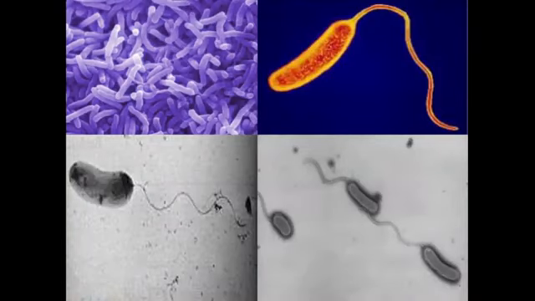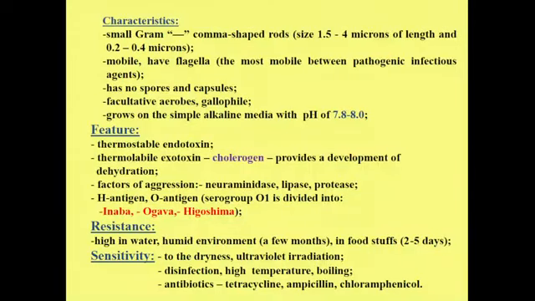That's how it looks, with a polar flagellum. Characteristics: small, gram-negative, comma-shaped rods, 1.5 to 4 microns in length and 0.2 to 0.4 microns in width. Mobile, have flagella, the most mobile among pathogenic infectious agents, no spores and capsules, facultative aerobes, halophilic.